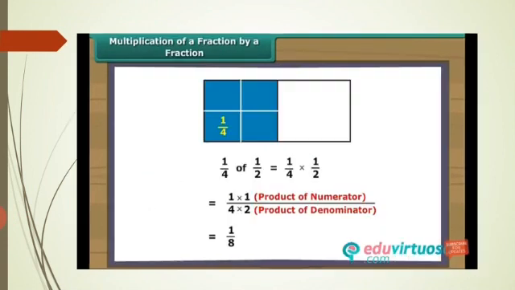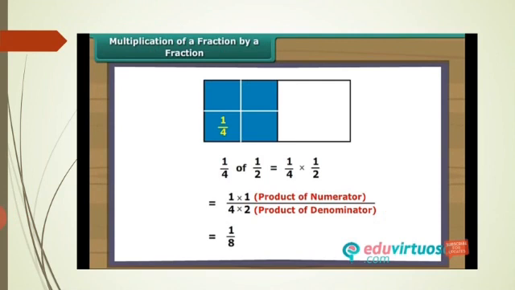The next slide, multiplication of a fraction by a fraction. Here is a rectangle shape. In this rectangle, I have divided it into two parts. In the first part, I have divided the half part into four parts. One part represents 1 by 4, so what does this part represent?